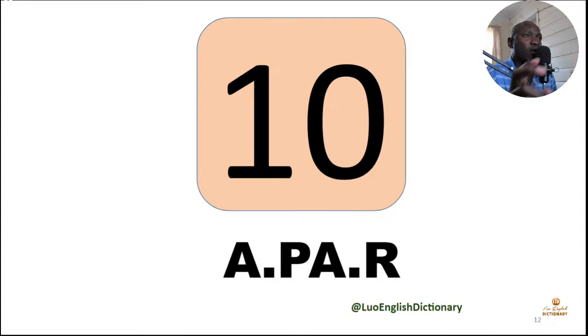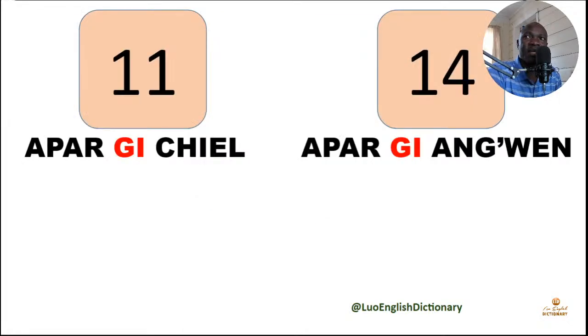Now, the concept of 11 is actually 10 and 1. So 12 will be 10 and 2, 10 and 3, 10 and 4, 10 and 5, just like that, okay? So 11 would be APAR G ACHIEL.